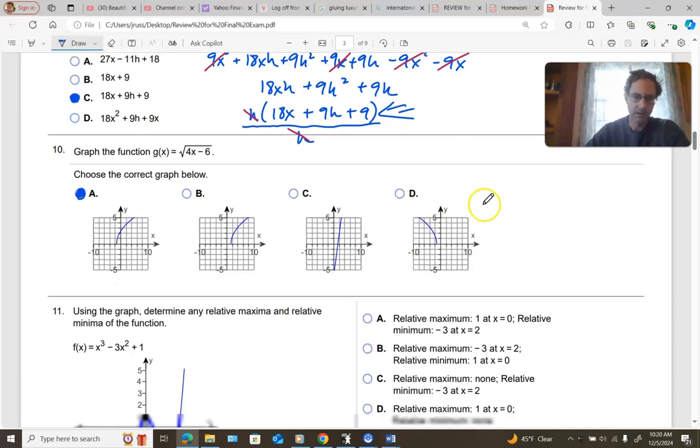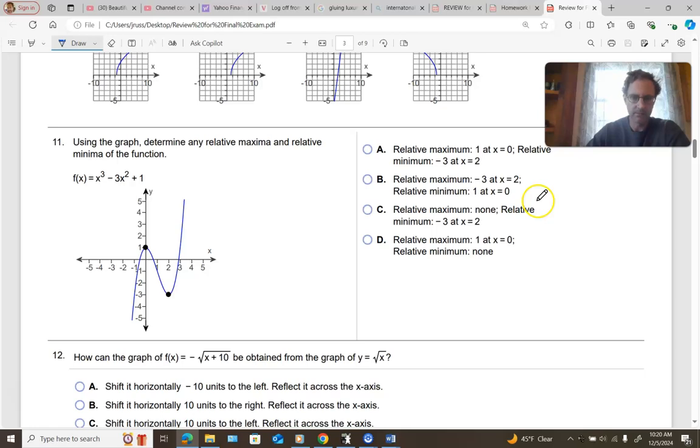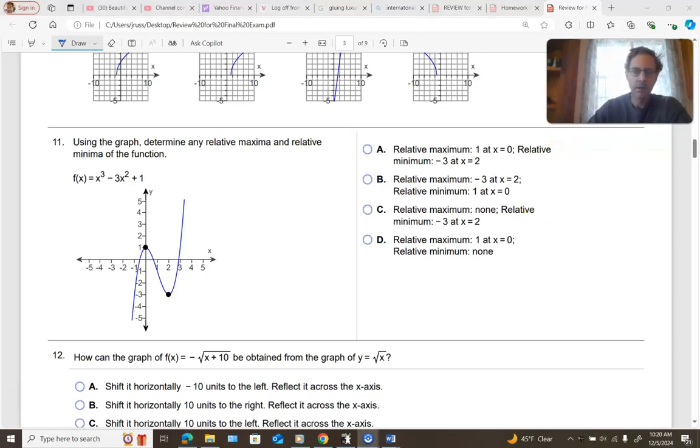All right, number 11. So this one says determine any relative maxima and any relative minima of the function. Well, they've got this function already graphed for us. So remember, those are peaks and valleys, okay? So right here I have a relative minimum, or excuse me, maximum. I have a relative maximum of 1.